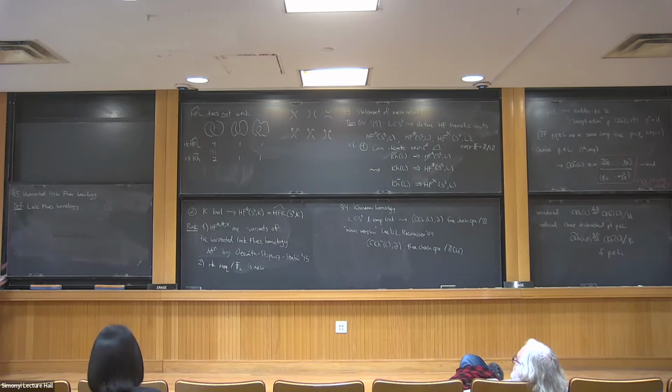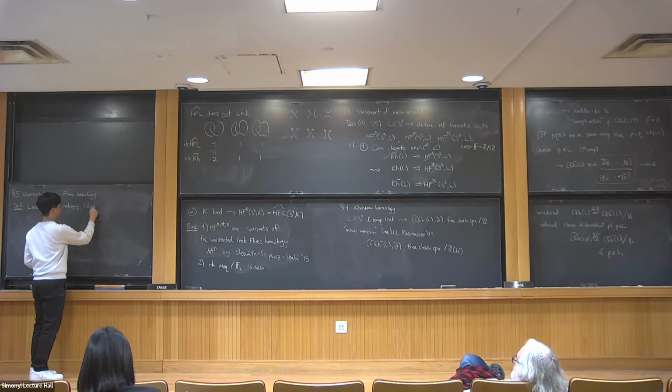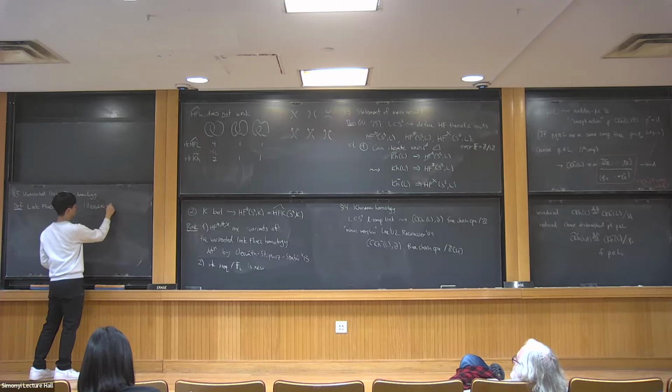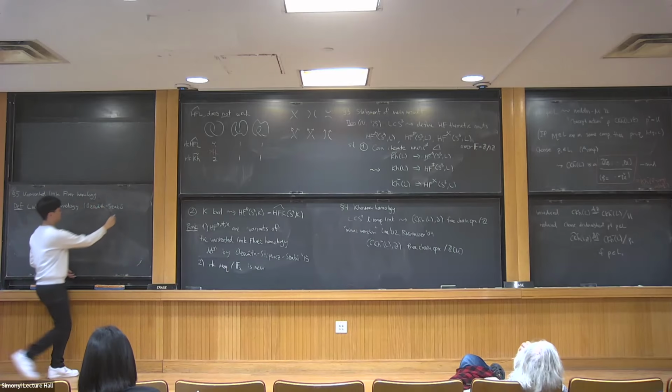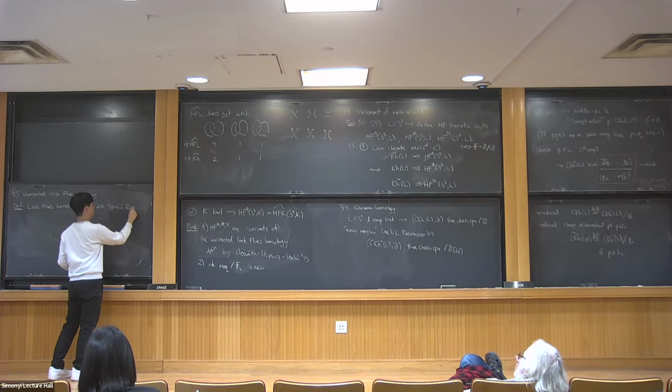This link Floer homology was defined by Ozsváth and Szabó, and the knot version was independently defined by Jacob Rasmussen.